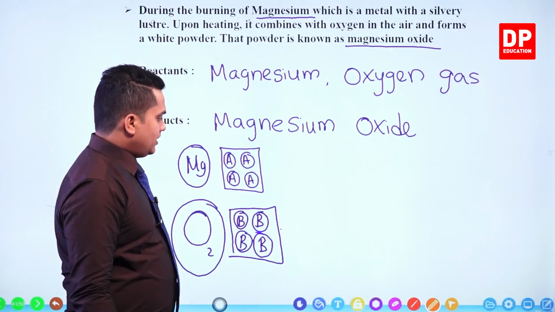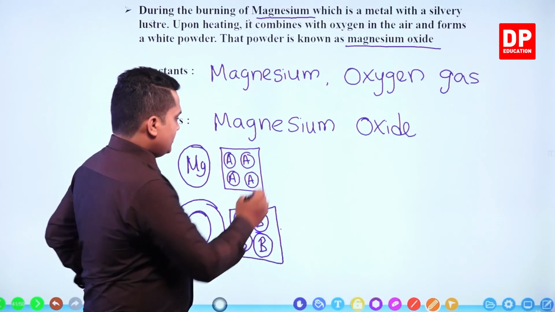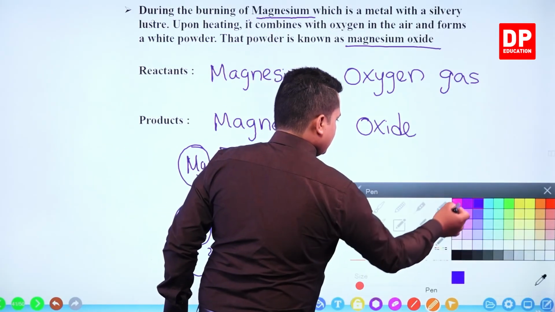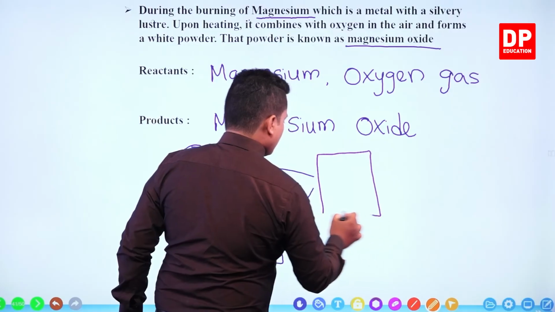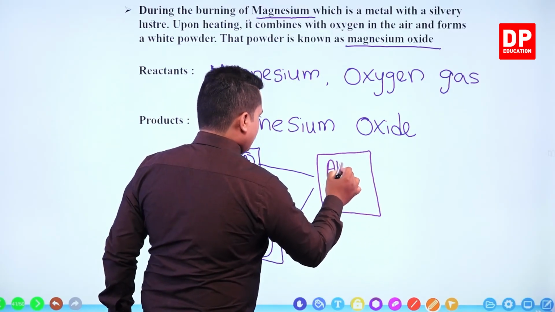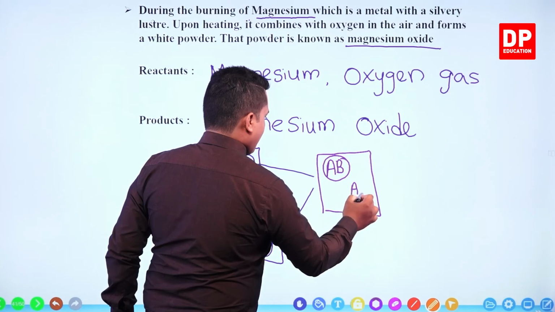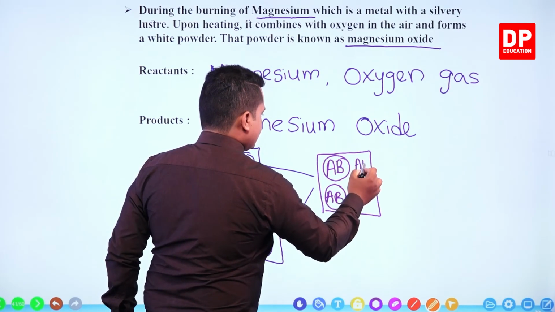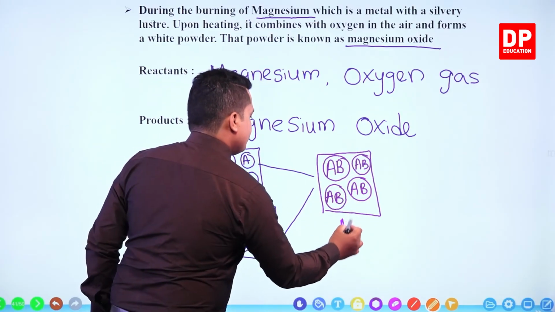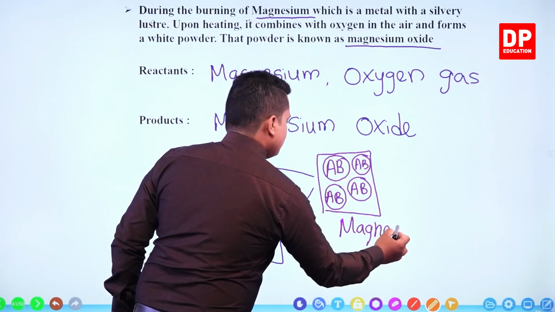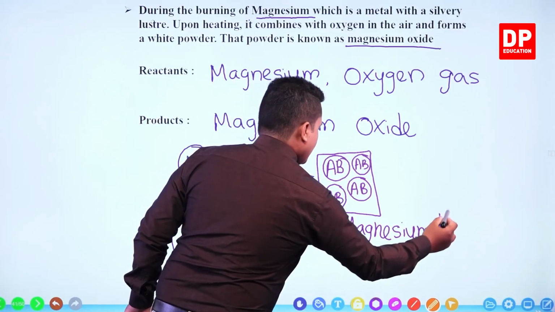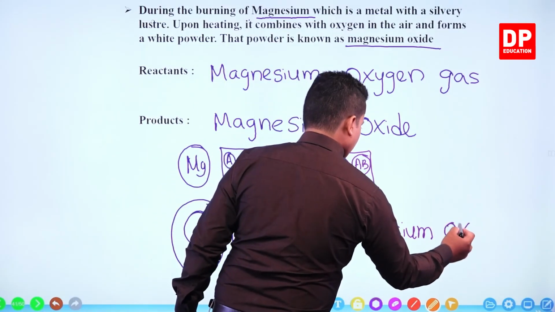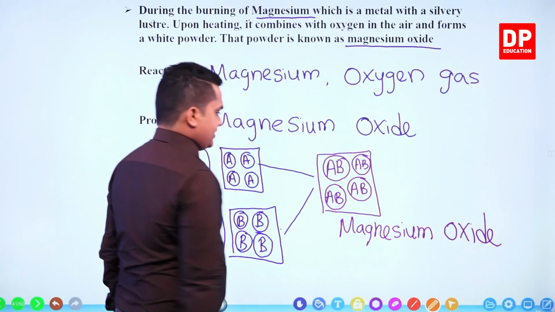Now when you mix these two together, A and B are going to mix together to create the new substance which is called magnesium oxide. It's like this in simple.